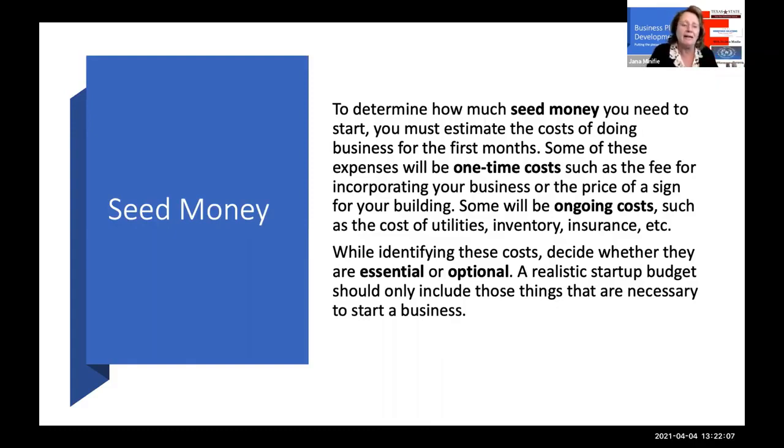So you could be going to a bank, you might go to get a loan of some kind. Many times I get asked about grant money. Grant money is very specific for specific businesses.